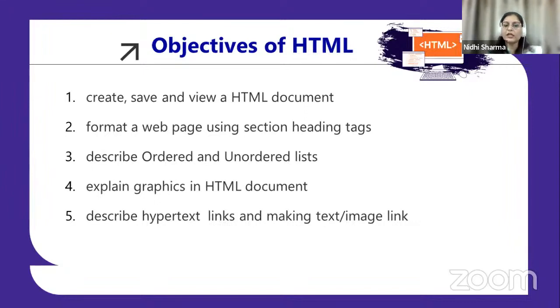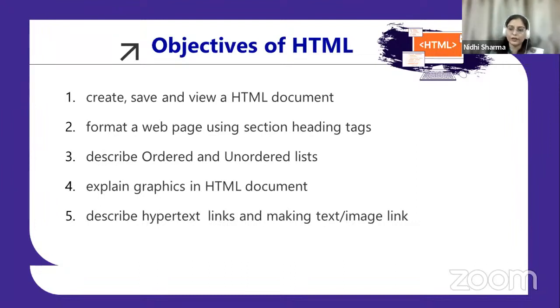Then after all this, there are other objectives also, like we can format a web page using section heading tags. There are various tags. We can have H1 heading, H2 heading, different levels of headings. So based on different levels of headings, we can have different formatting features for that particular text. We can have different lists. It can be ordered lists.